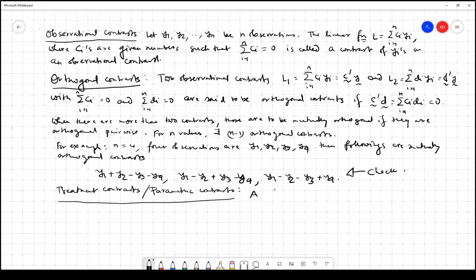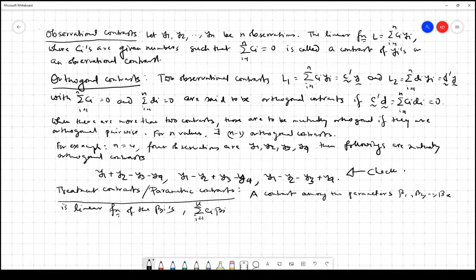A contrast among the parameters beta 1, beta 2, beta k is a linear function of the beta i's, that is the sum over i from 1 to k of ci beta i, where ci are known contrast coefficients, that means the summation of ci should be 0.